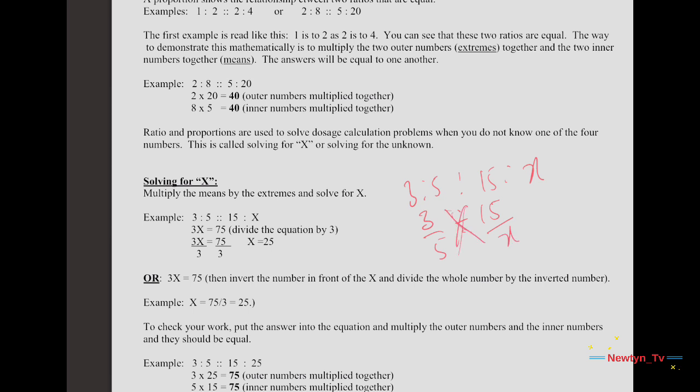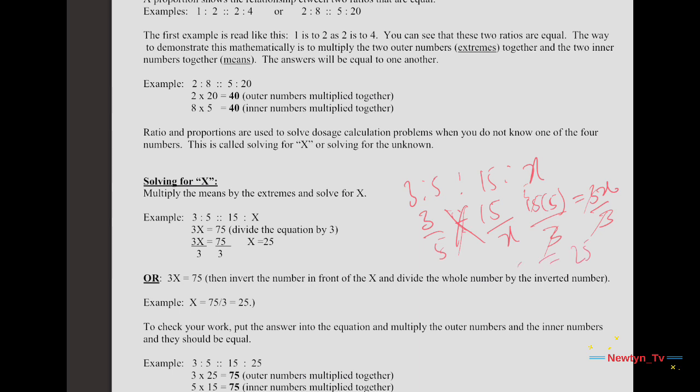So this is the ratio and proportion form. So 15 multiplied by 5, divided by 3, right? We want to find x, so we divide by 3. 15 goes by 3 to be 5, and 5 times 5, so we have 25.